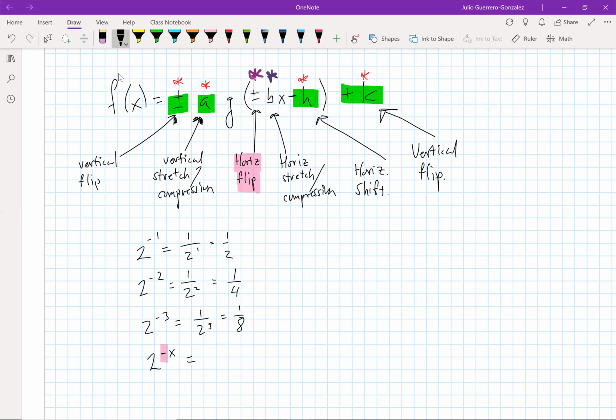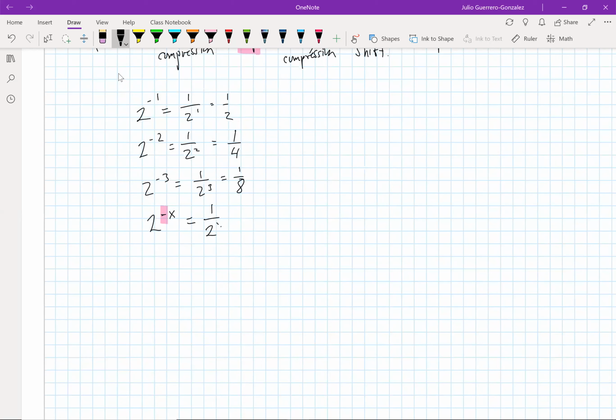So this is also equivalent to 1 over 2 to the x, correct? Which is also the same as (1/2) to the x.